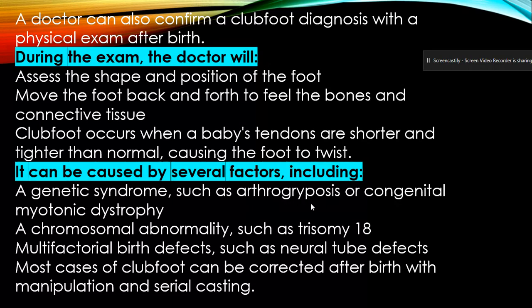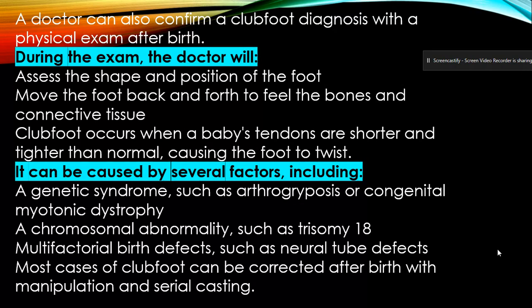Arthrogryposis is a condition involving stiff joints, and you already have weak bones. Another cause is a chromosomal abnormality such as trisomy 18, an abnormality of chromosome 18. Multifactorial causes are exactly why we said it happens more in males versus females. Multifactorial birth defects such as neural tube defects, we just talked about it.